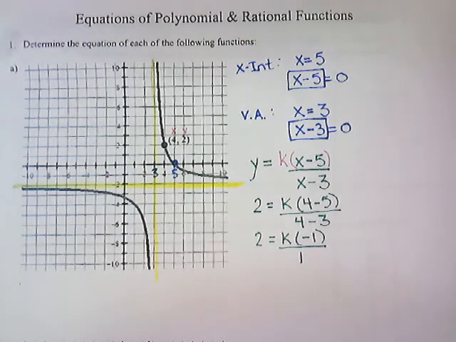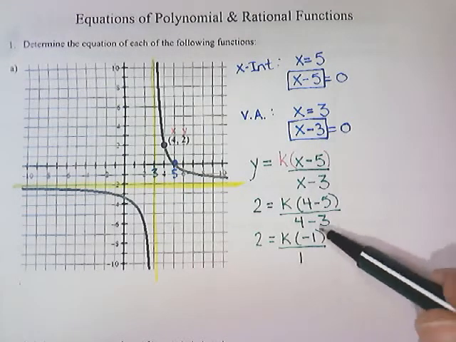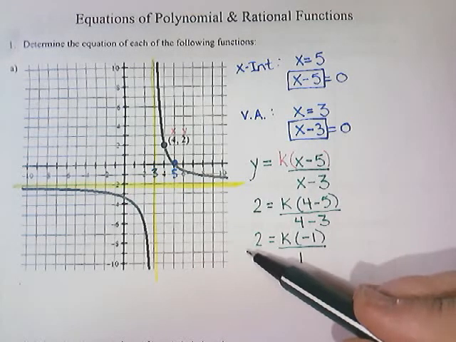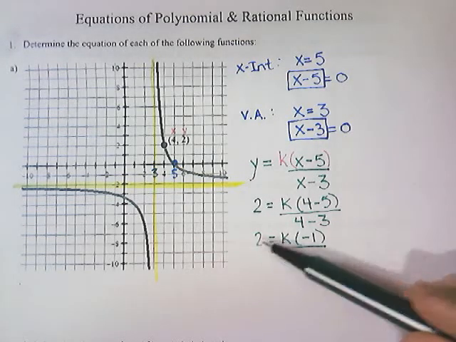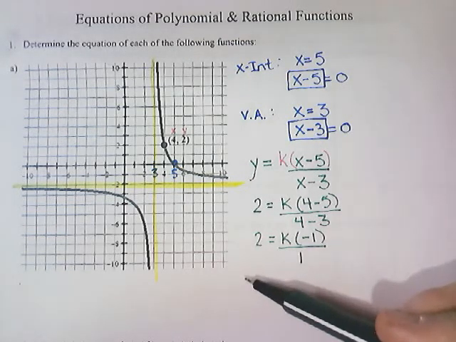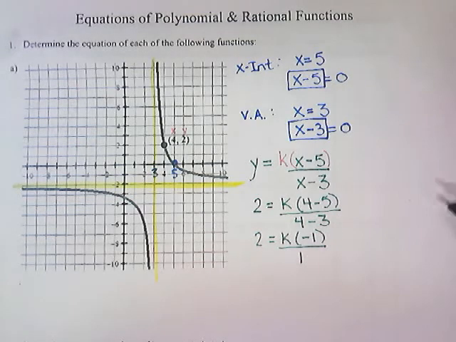Now I have a choice at this point. I could divide -1 by 1 and then move that number to the other side. Or I could multiply by 1 and then divide by -1. So it's your choice. You can either divide these and then rearrange that number, or we could just start rearranging with these numbers.